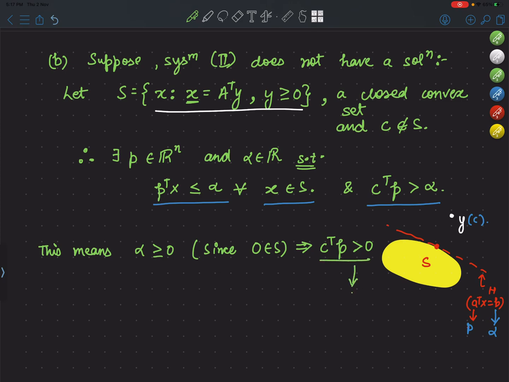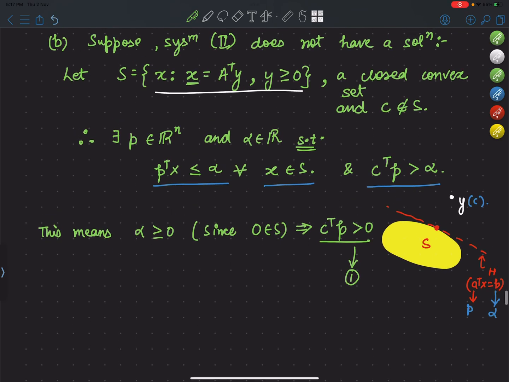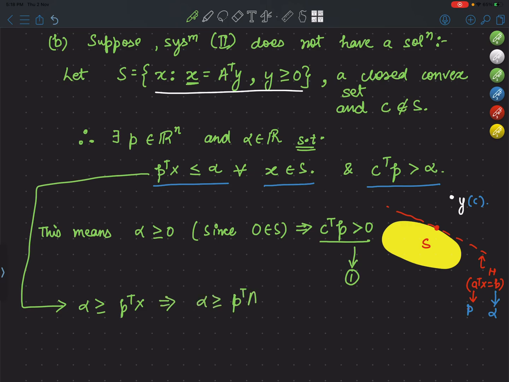So let's take this as equation 1. Also from this equation we can see that alpha is greater than or equal to P transpose X. And X we already know is given by set S, so alpha is greater than or equal to P transpose A transpose Y, which is equal to Y transpose A P, correct?